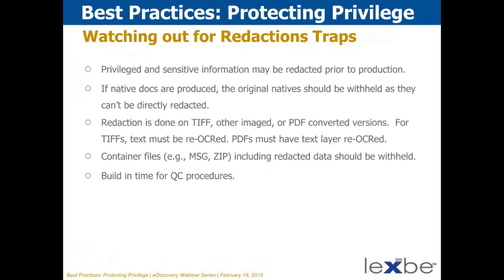The production is usually done in a PDF or TIFF, so the natives need to be flagged and withheld. If redactions are done on a TIFF version of a document, then it must be re-OCR'd to get rid of the redacted text. There's a similar issue with PDFs. If PDFs are what's going to be produced, that text needs to be re-OCR'd on the PDF.